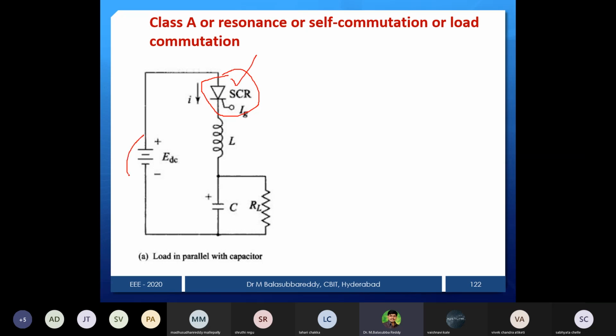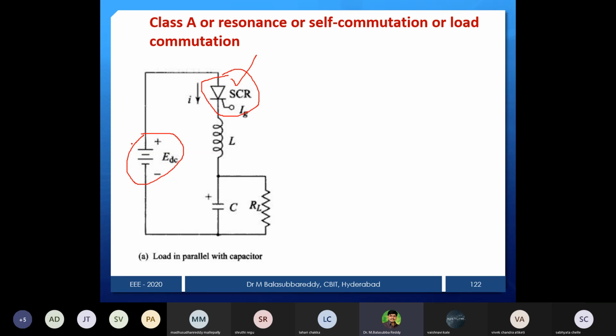In all cases, don't forget to put the input as a DC supply, because from the third unit onwards, all the input will be an AC supply, because the third unit is the phase control rectifier, which converts AC to DC.